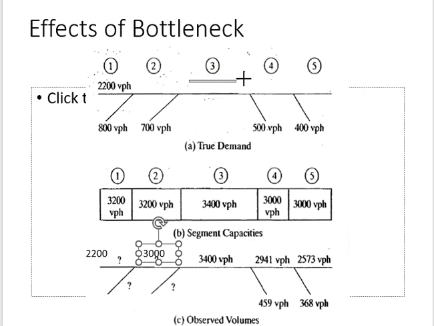So I will write it here because it's demand and not the volume. So 3,000 up till here plus 700 entering from here. Total demand is 3,700. But the capacity is 3,400. So the volume is 3,400.